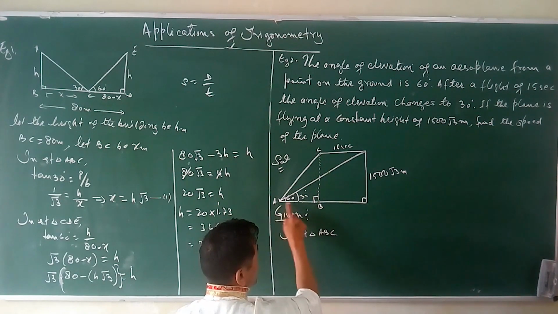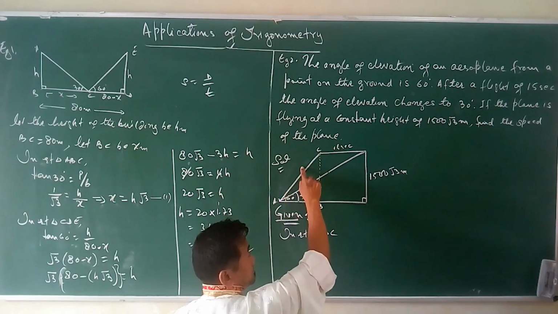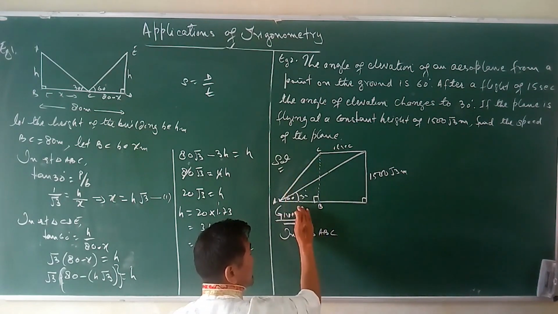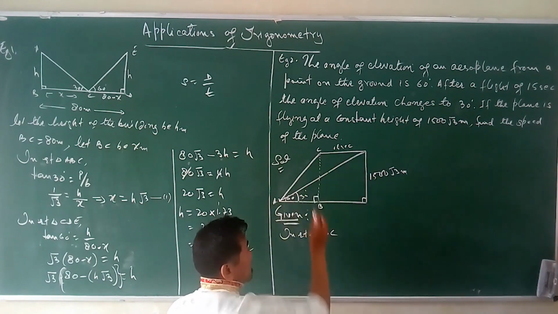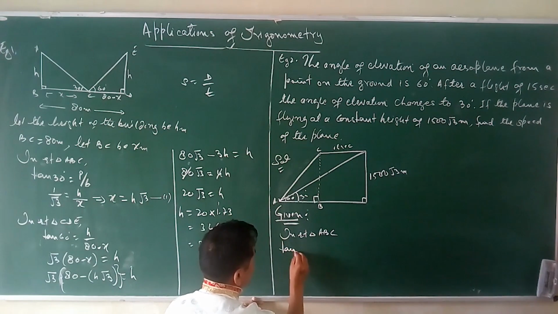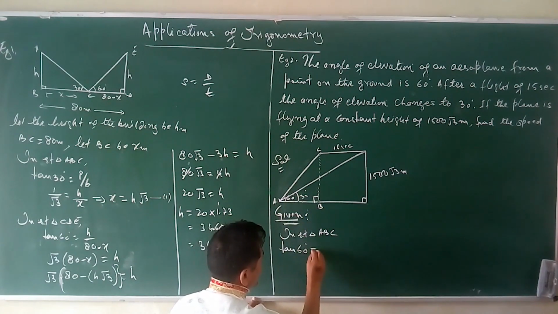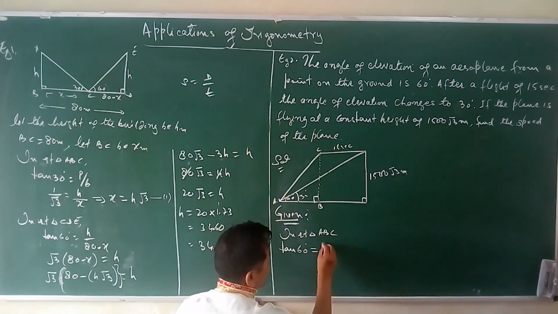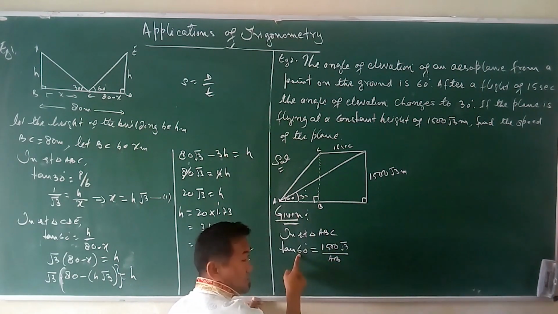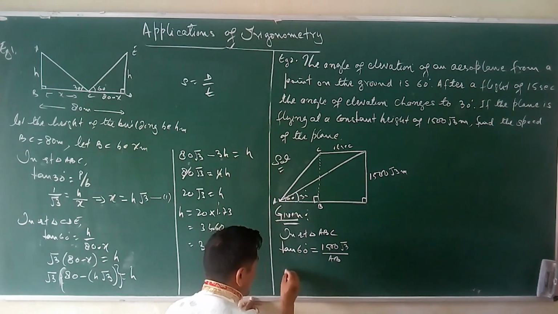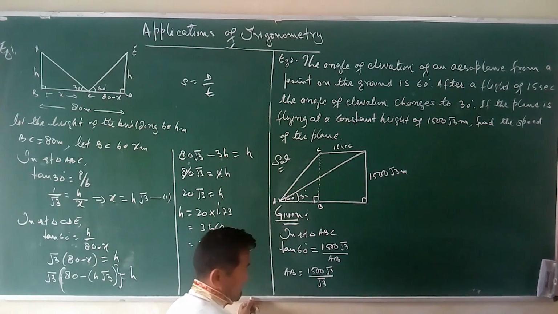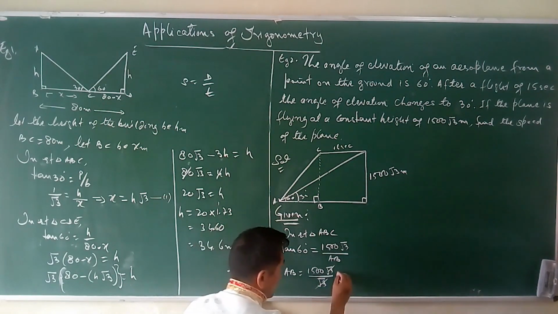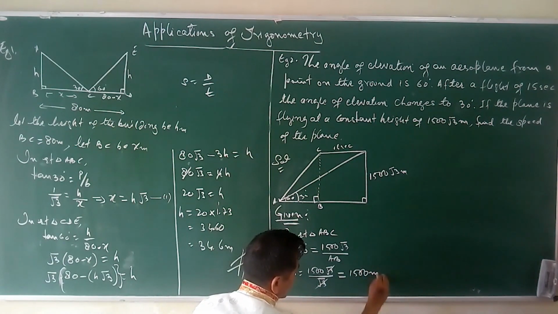Let P be the perpendicular and B the base. So tan theta, tan 60, is equal to P by B. The height P is 1,500 root 3 and the base is AB. The value of tan 60 is root 3, so AB is equal to 1,500 root 3 divided by root 3, which gives AB equal to 1,500 meters.